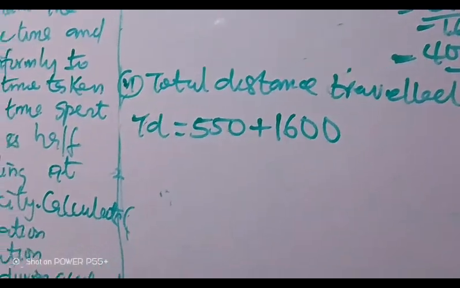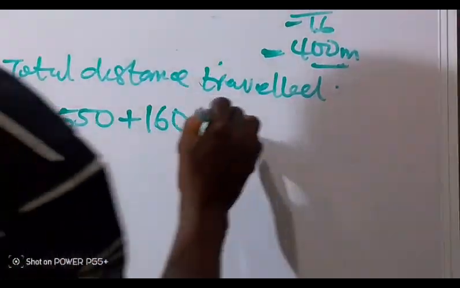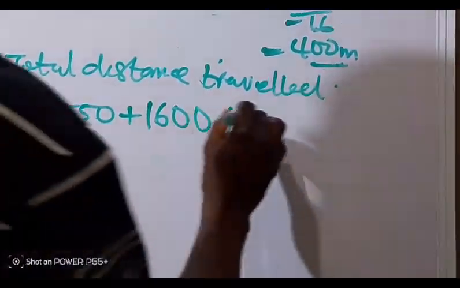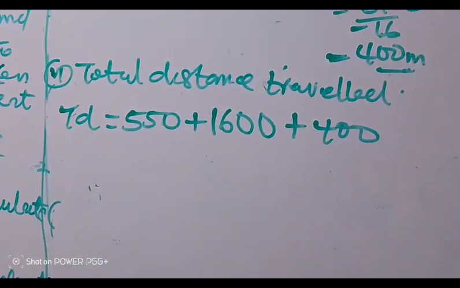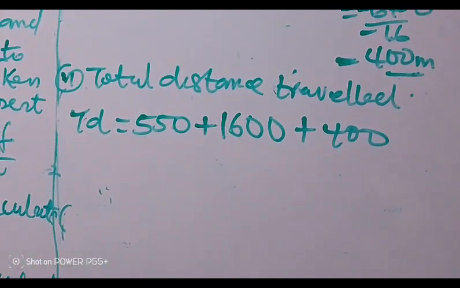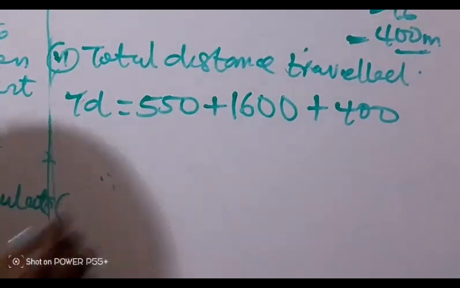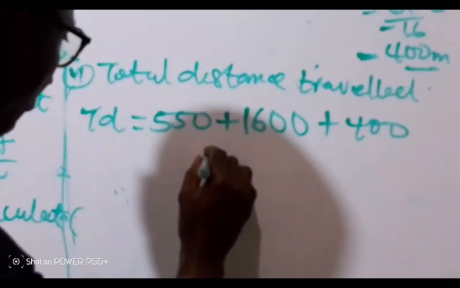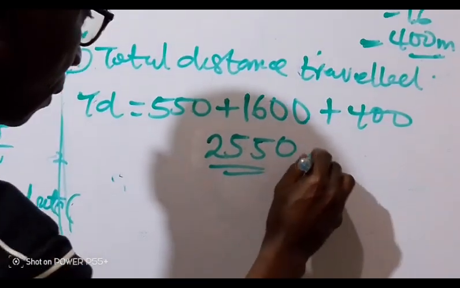Then the last but not the least, distance during deceleration, we got 400. By the time you sum everything together now, it will give us the total distance travel. So the total distance travel, adding together, we got 2550 meters.